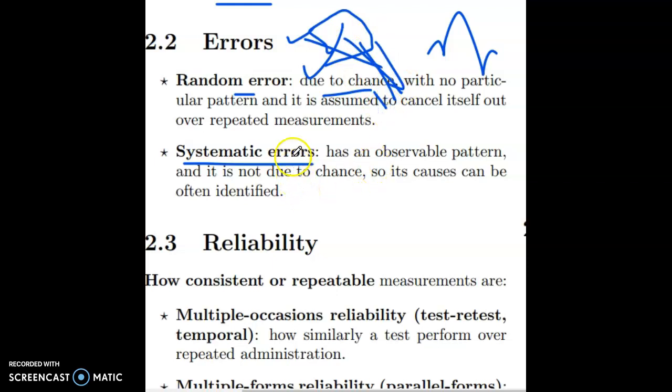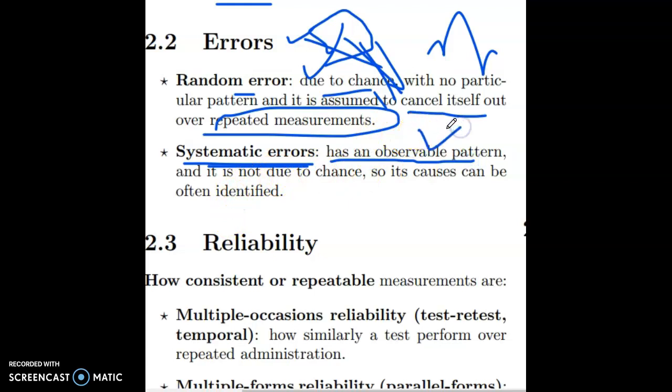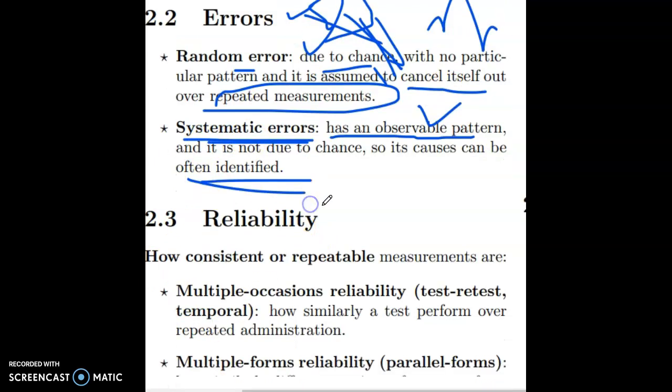Systematic error has an observable pattern, and it is not due to chance, so its causes can often be identified.